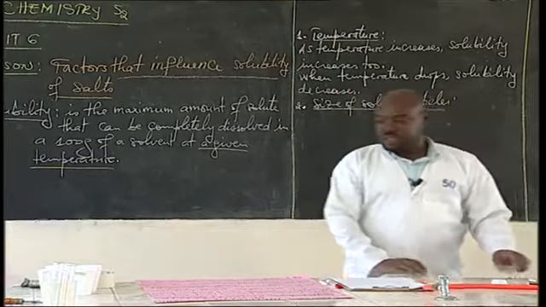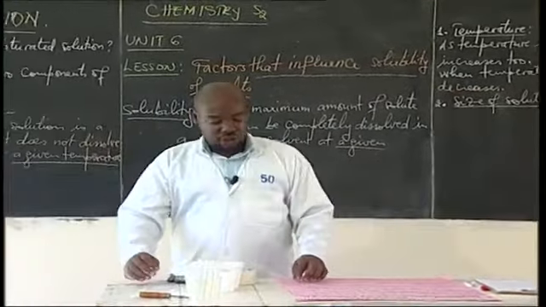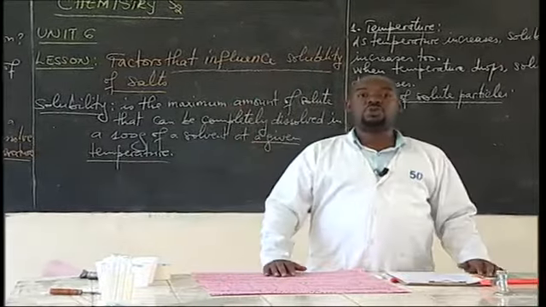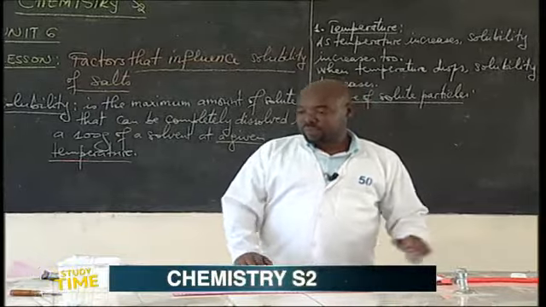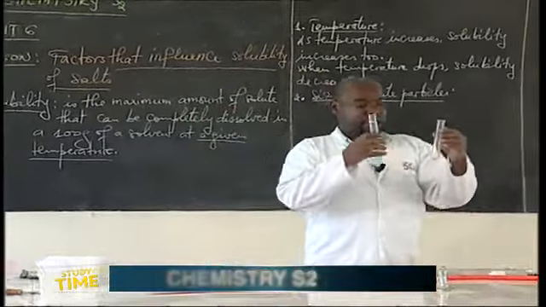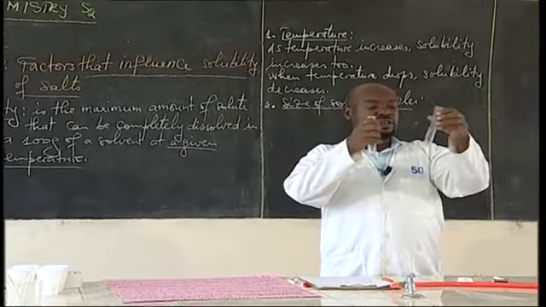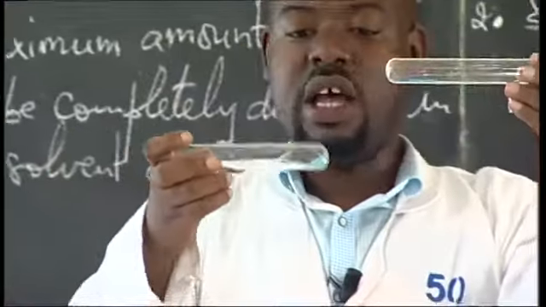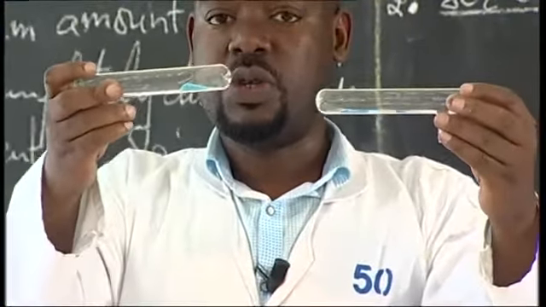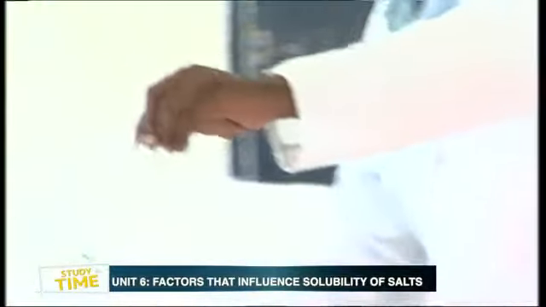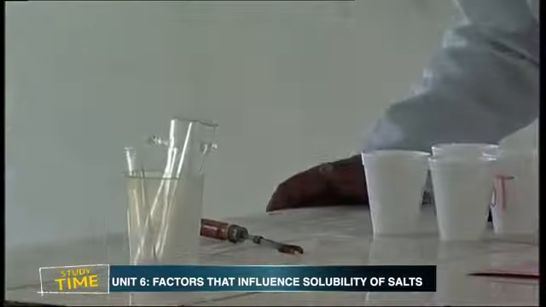Now, what happens when we use small solute particles or large solute particles? Let us have a look. We have two test tubes here, and the one contains large particles, while the other one contains small particles. You can also think about what happens when we are about to add some salt in food.